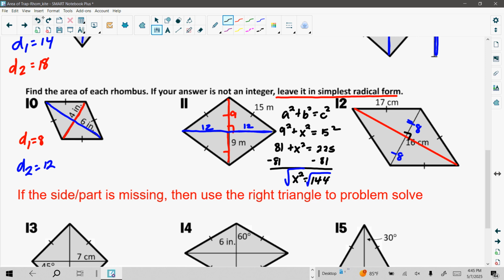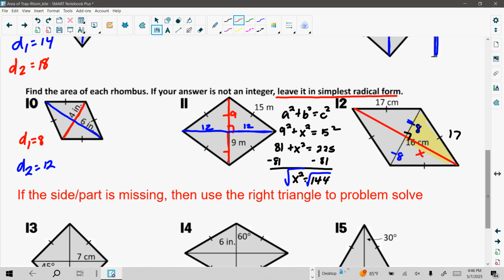Oops, that's not 12. It's supposed to be 17. So we need to use this hypotenuse. We're going to focus on just one right triangle. I'm going to use this one right here. Okay. I'm going to focus on how I'm going to find this missing piece using Pythagorean theorem. So I want you to see if you can do that just like we did on number 11.